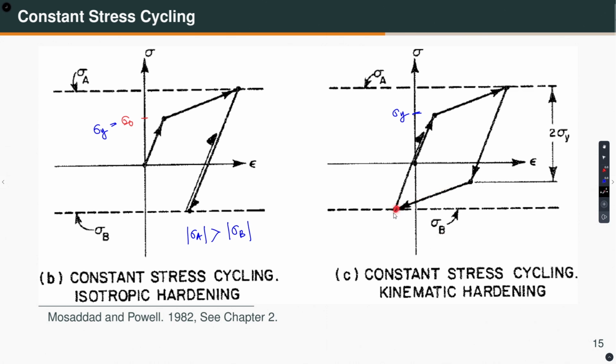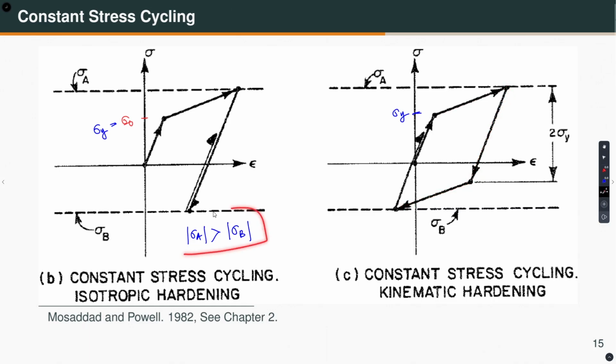And from this point, we are reversing, because we wanted to cycle it between sigma A and sigma B. So, it will go like this, and again yield here and go like so. So, it is predicting a stable hysteretic behavior.